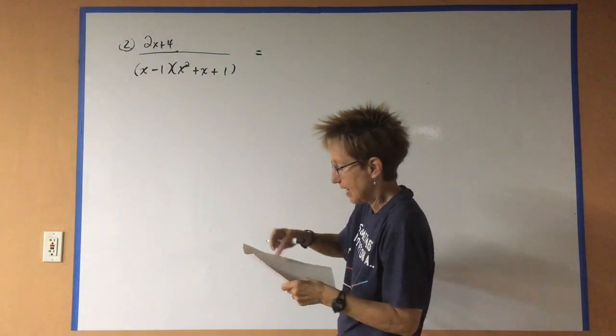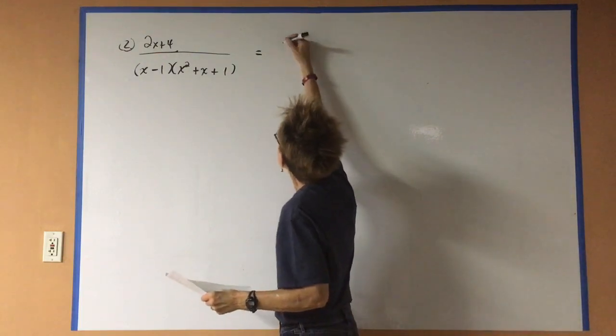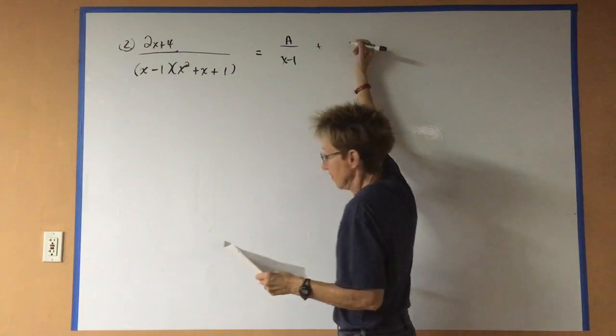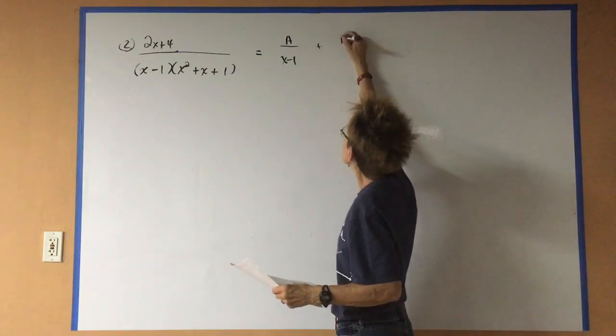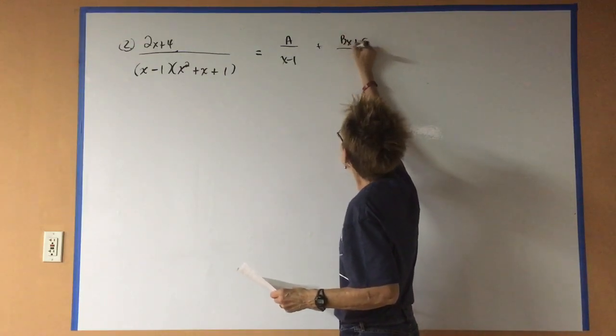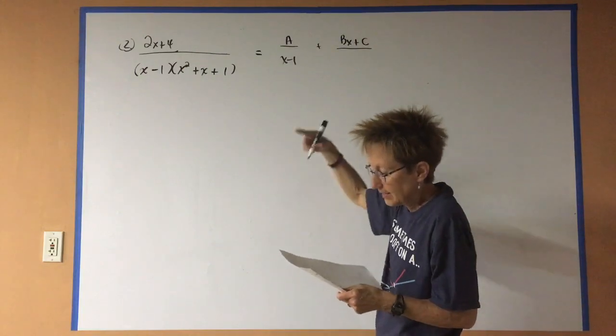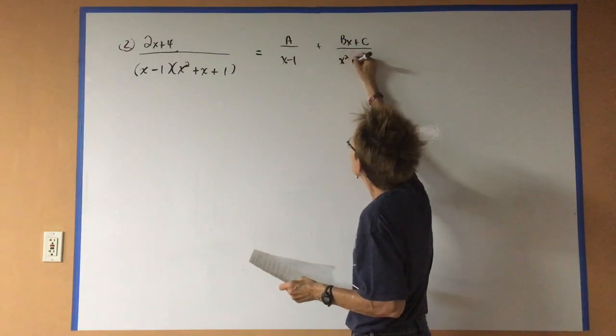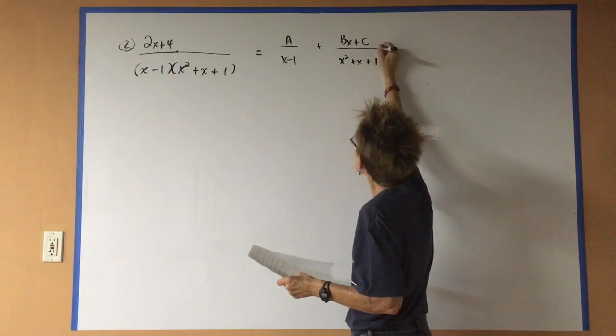It says a over the one that's linear, so a over x minus 1, plus bx plus c over the one that is quadratic, so x squared plus x plus 1.